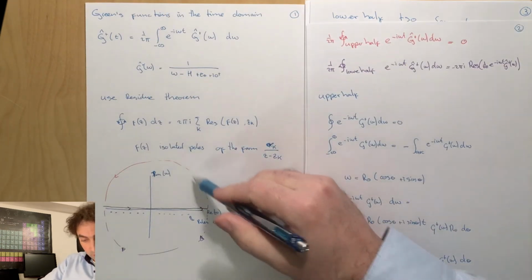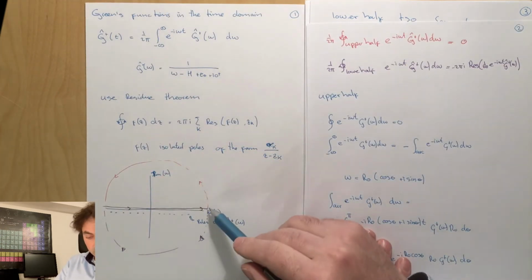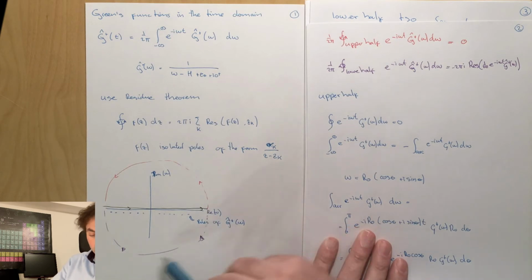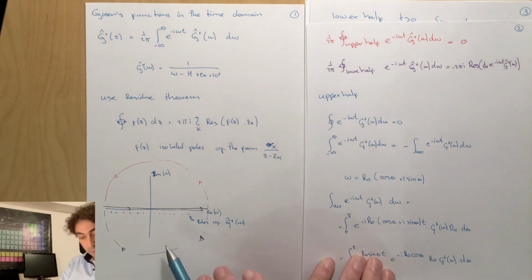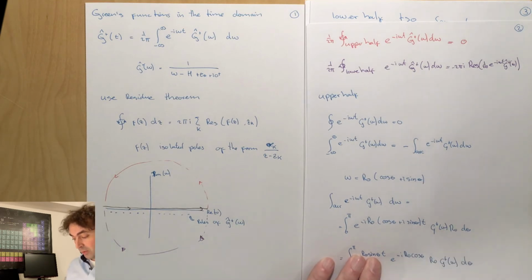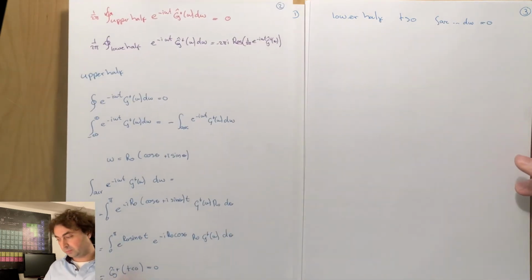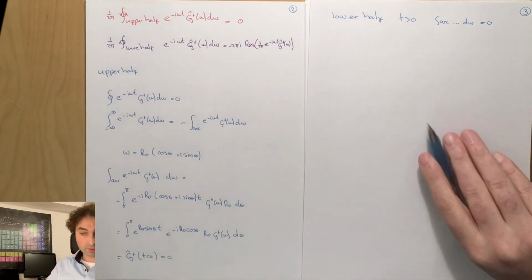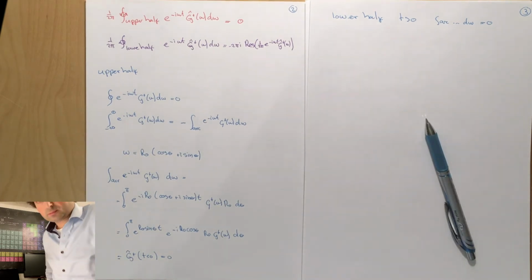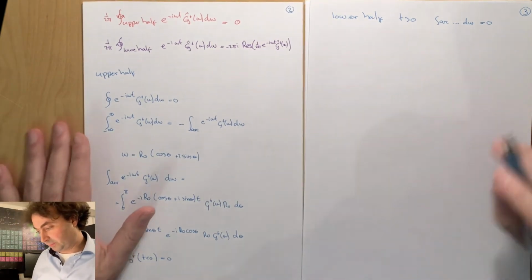Here we look at positive values for the imaginary part. Here we have negative values for the imaginary part. So for the contour integral in the lower half, we have an additional minus sign here. So t has to be larger than 0 instead of smaller than 0 for that integral to go to 0.